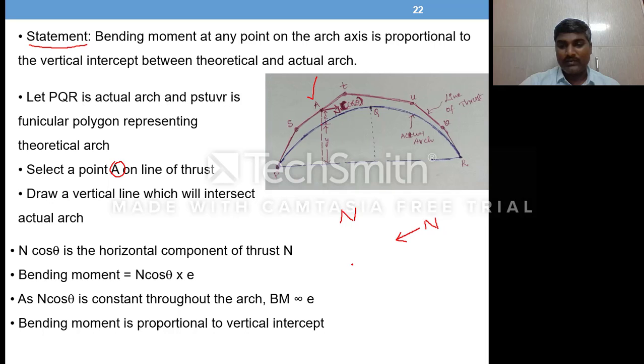This is where the line is taken, and this is the section.